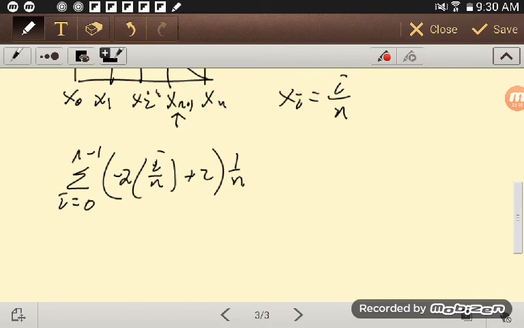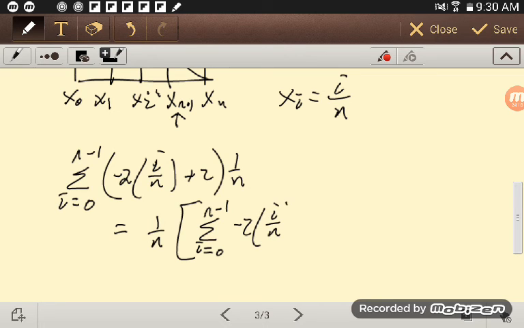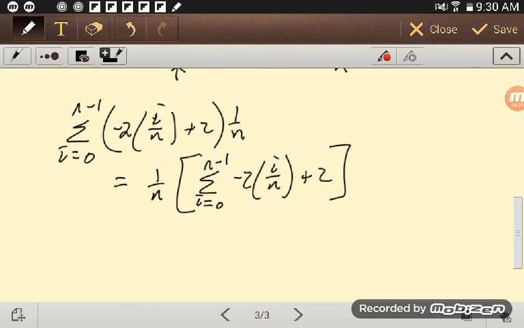Okay, well again, we can start breaking things up. I could take a 1 over n, and then the sum i equals 0 to n minus 1 of negative 2 i over n plus 2, and this is 1 over n.